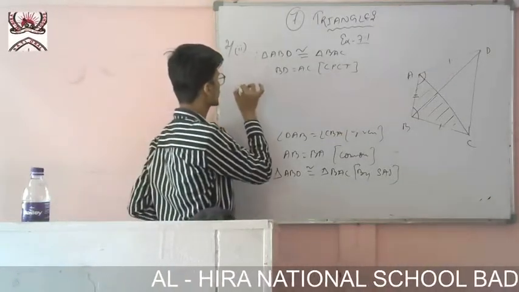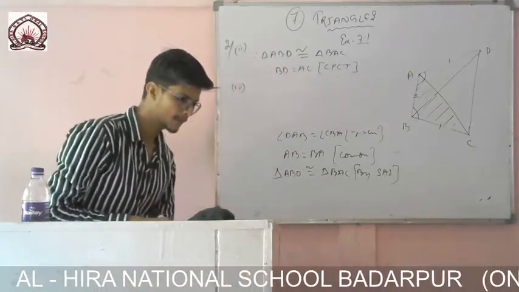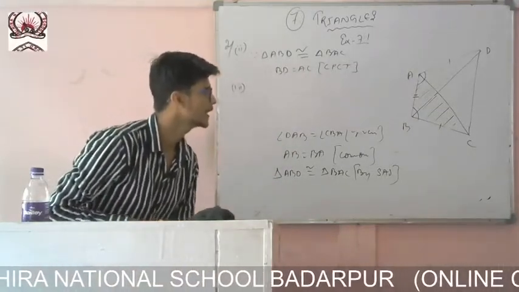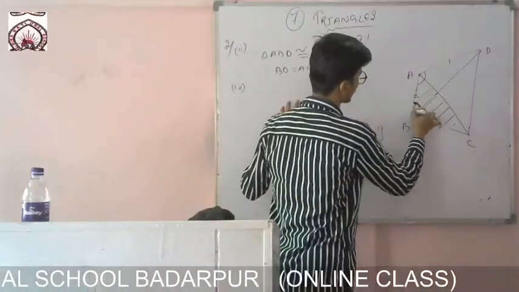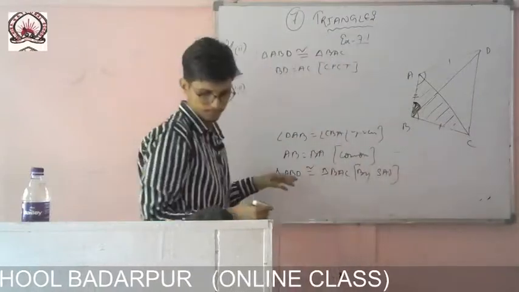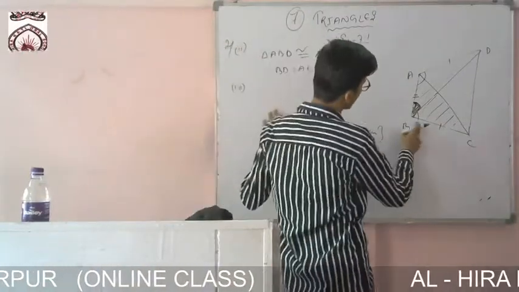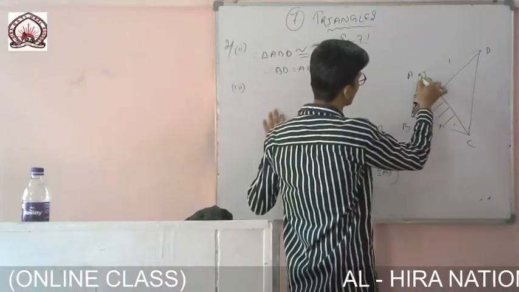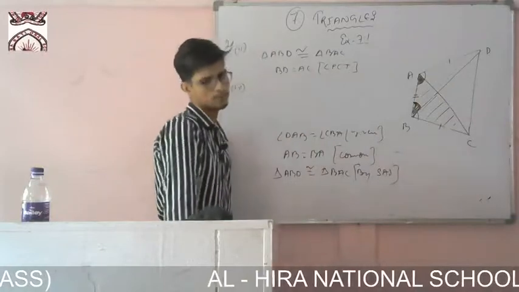Roman number 3 is also the same. Which two angles are given? Angle ABD and angle BAC. Since these two triangles are congruent, these two angles will also be equal.